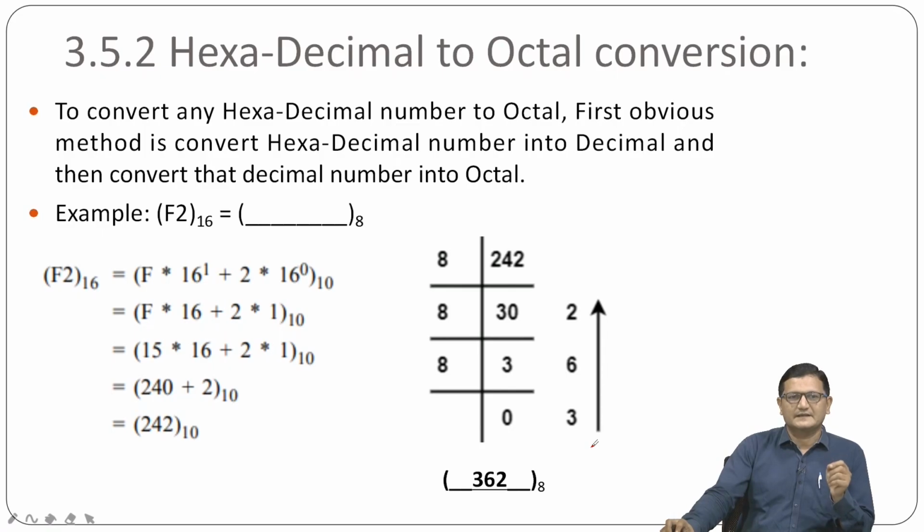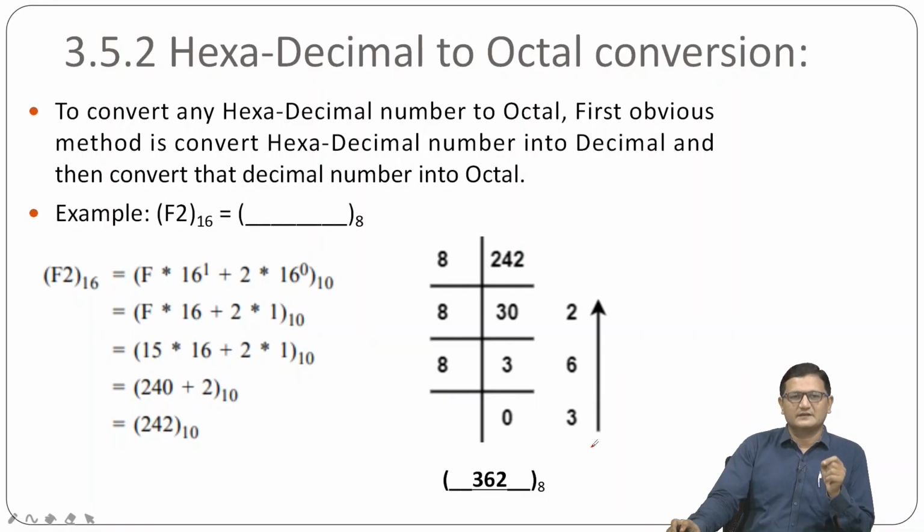Here the digits are F and 2. We start from the last digit, 2, and multiply it with 16 to the power 0. The last digit should have power 0. Similarly, F is the second digit, so it has to be multiplied with power 1.